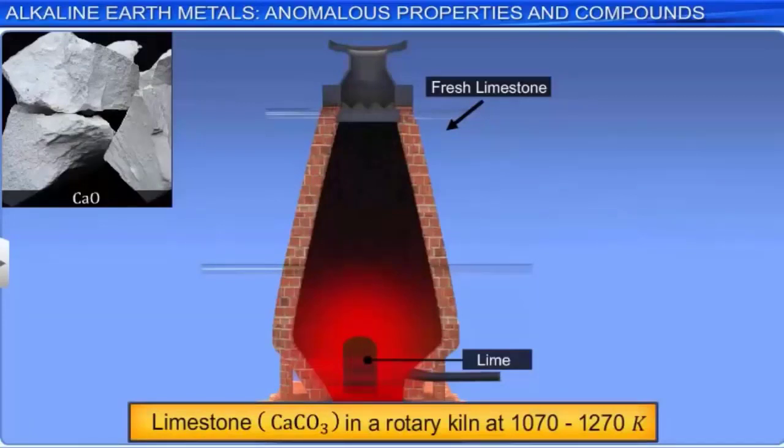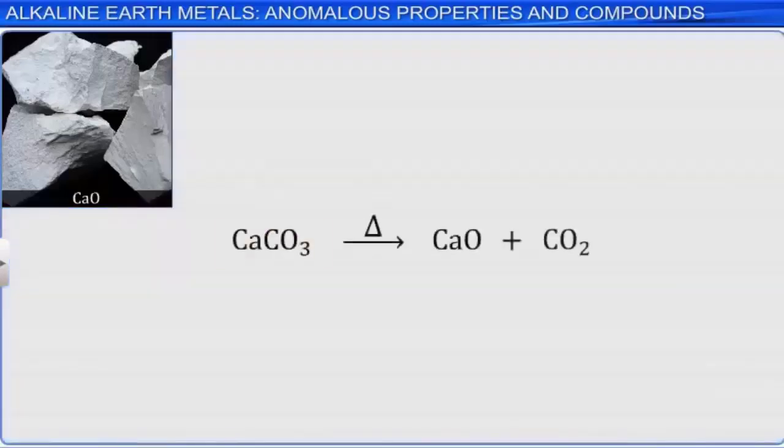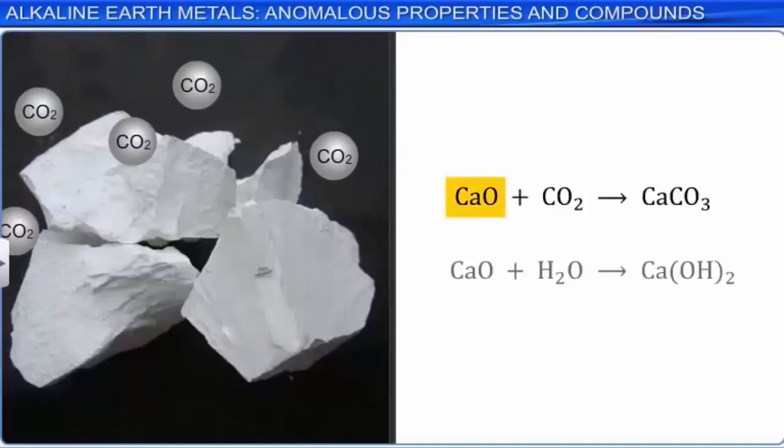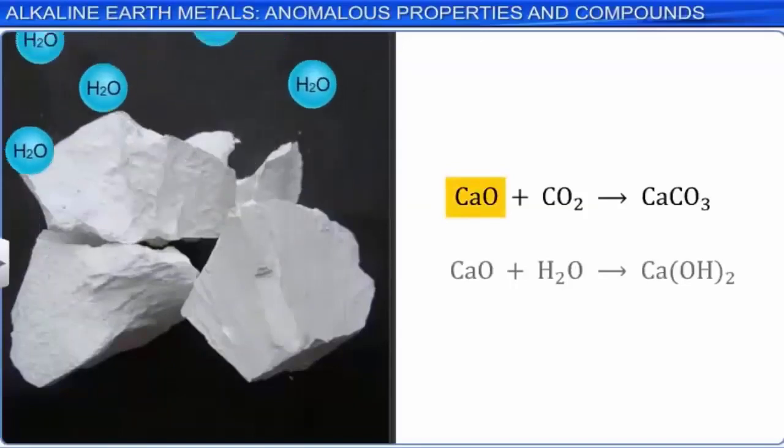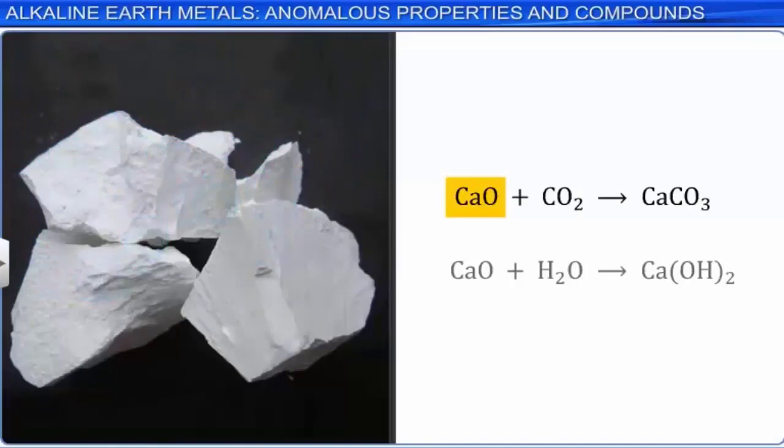The carbon dioxide is removed continuously to drive the equilibrium to the products. Quicklime absorbs carbon dioxide and moisture from the air, as shown in these reactions.